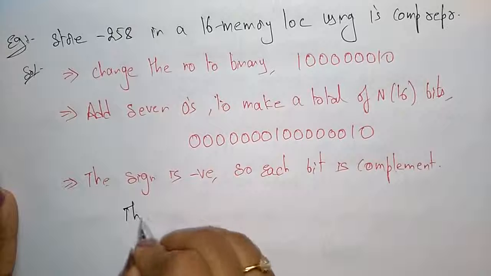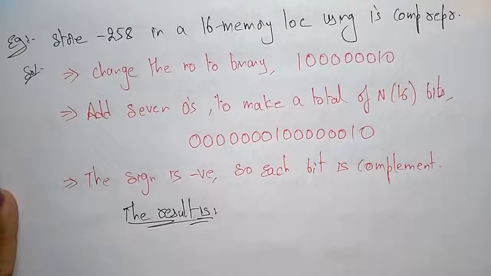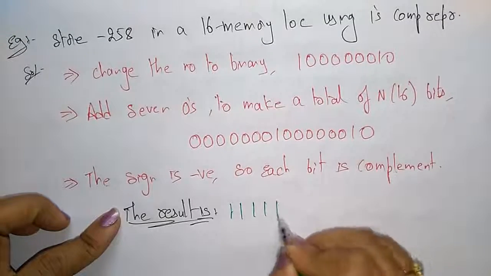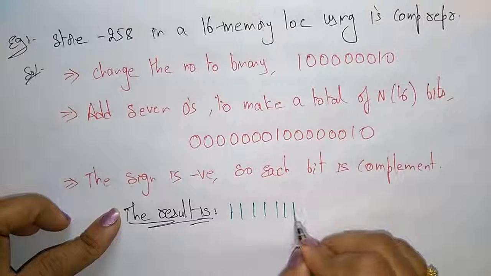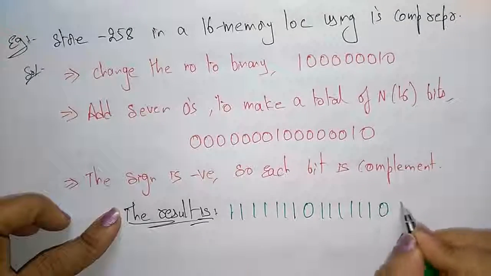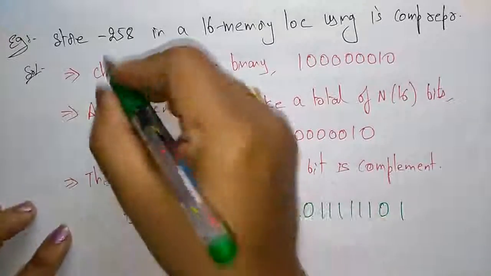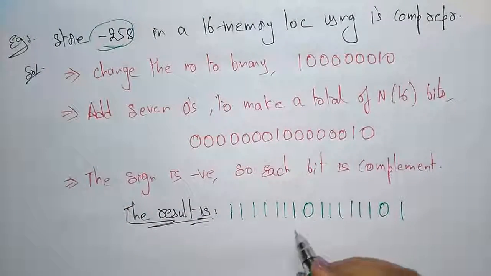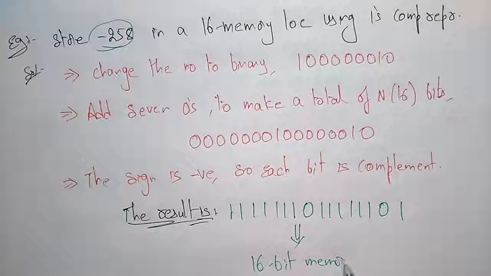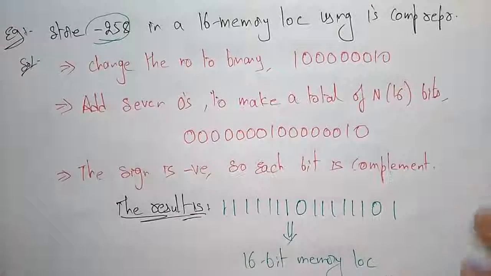So the result is: I reversed whatever number we got, because it is a negative number. This will be stored in the 16-bit memory location. So this is how you have to represent ones complement using positive and negative numbers.